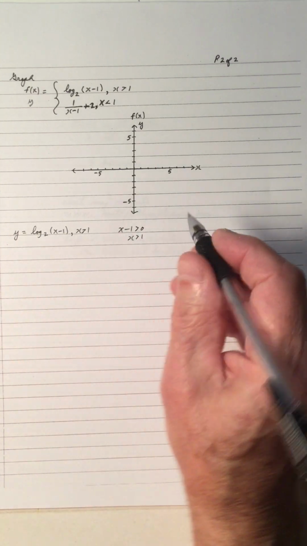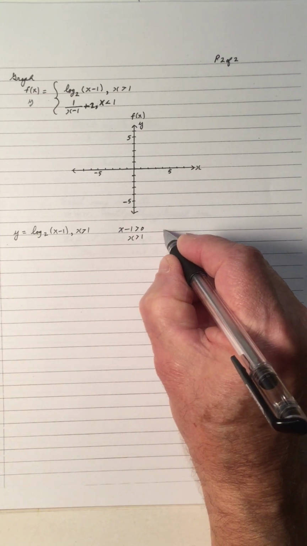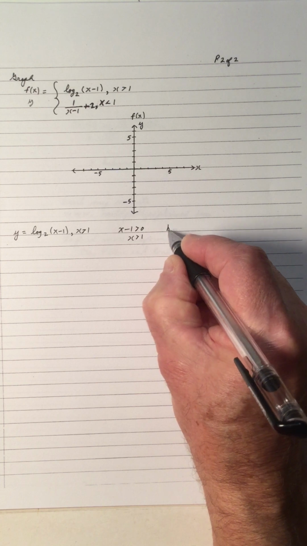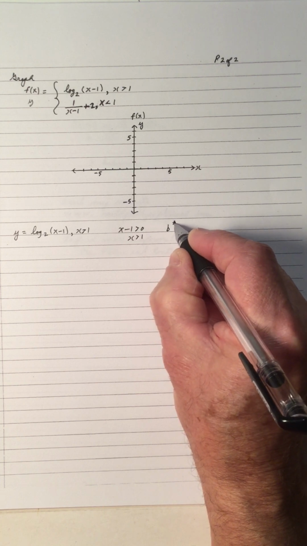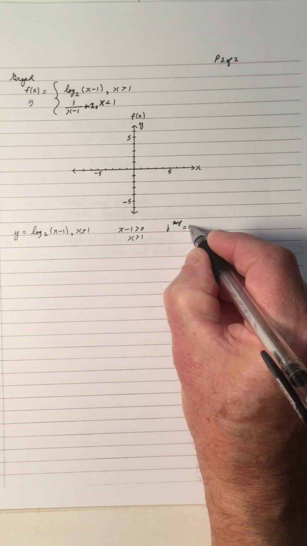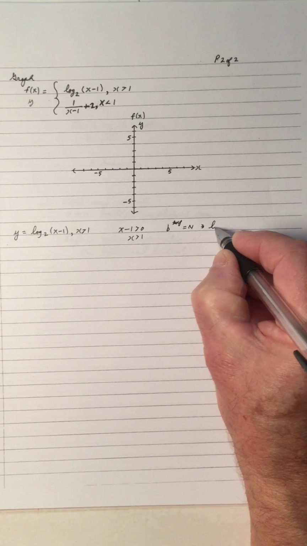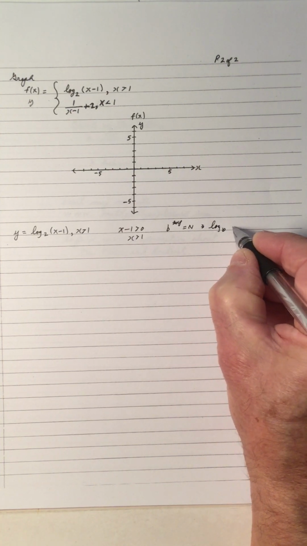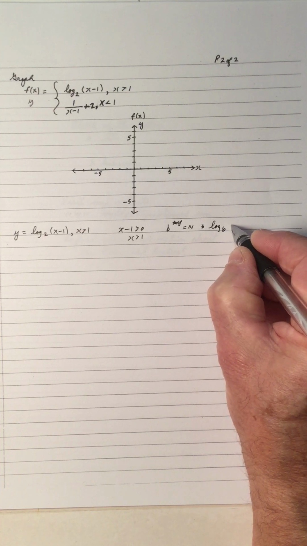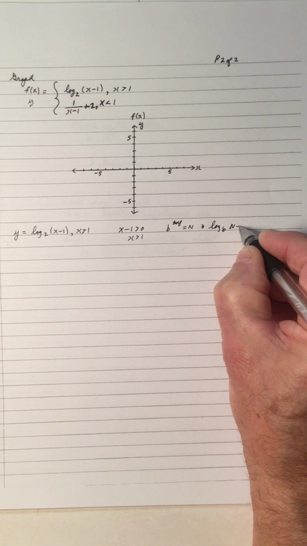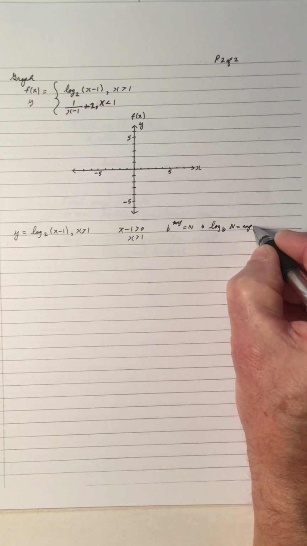Now, let's look at the log. If we have a base, an exponent and a number, in log form we have the log, that's the base, and this is the number, and this is the exponent.